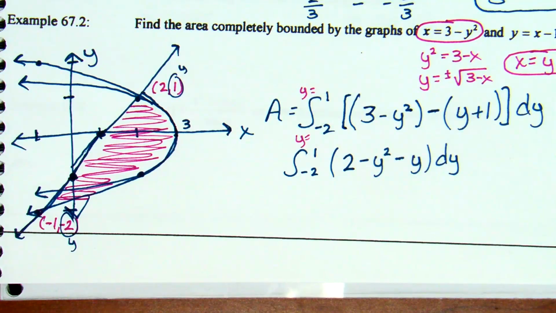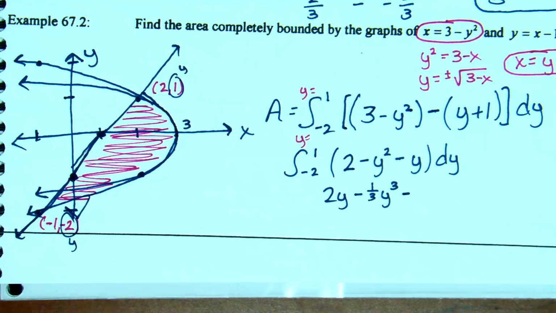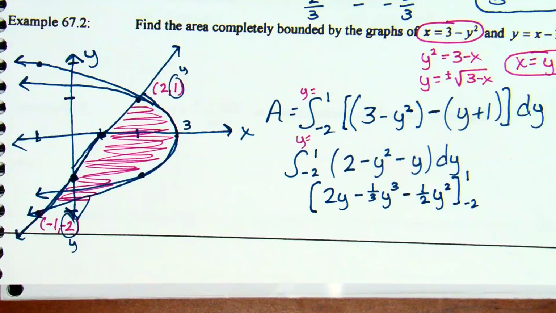So, okay, integral of 2y minus integral of y squared, 1/3 y cubed, minus integral of y, 1/2 y squared. Evaluated from -2 to 1. Okay.